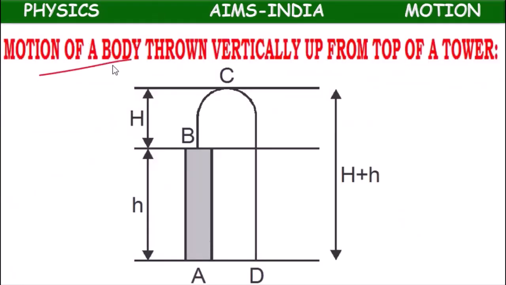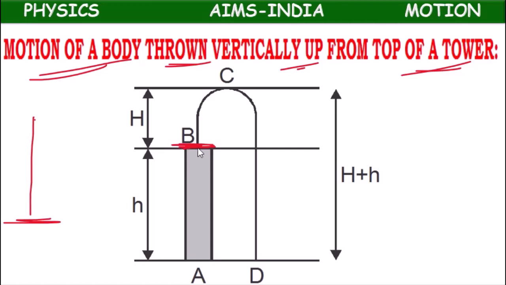Now, the motion of a body thrown vertically up from the top of a tower. Until now we were throwing it from the ground, but now we throw it from the top of a tower. AB is the tower height, which is equal to small h. From there we throw it up, and it goes up to C. This B to C height is capital H. From C it falls downwards up to D, so C to D is capital H plus small h.